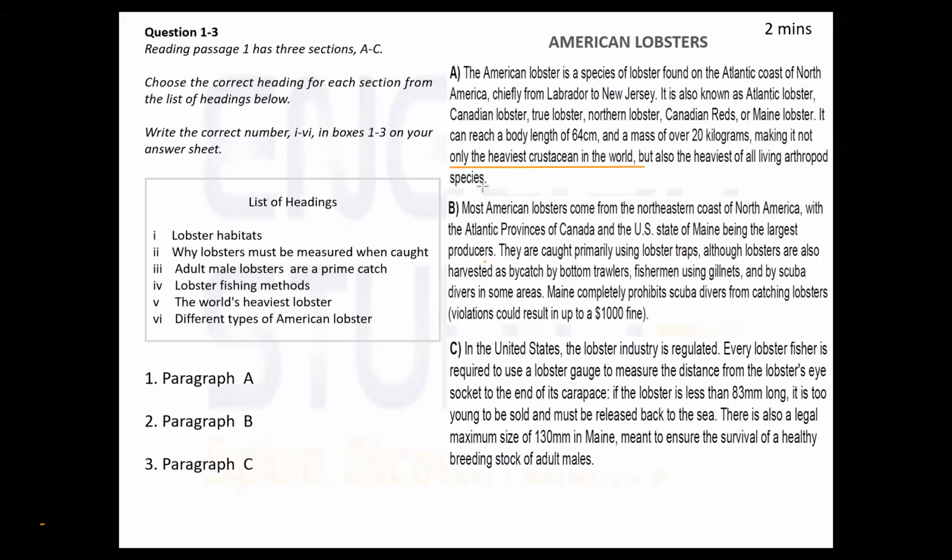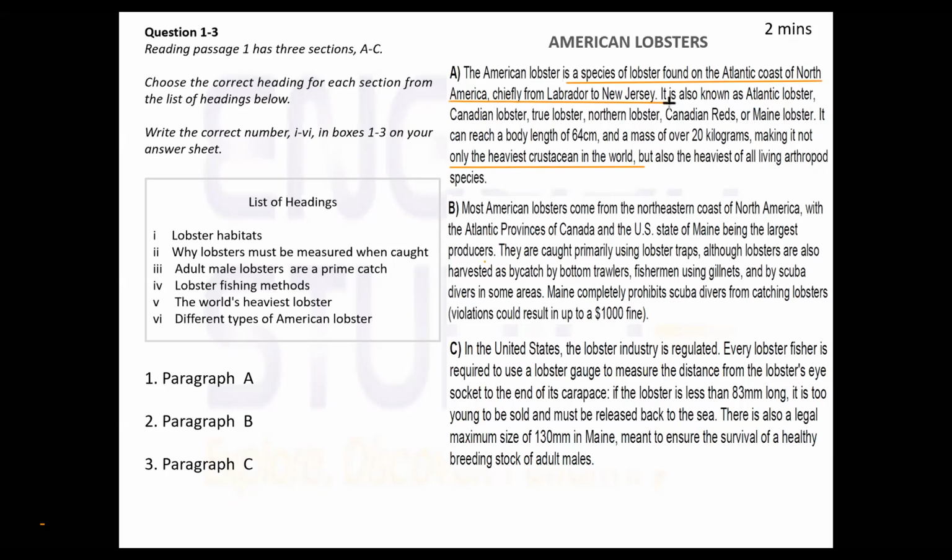Wait, Miss. Okay. Number 1, paragraph A. Paragraph A, I choose lobster habitats because it stated that American lobster is a species of lobster found on the Atlantic coast of North America, chiefly from Labrador to New Jersey.